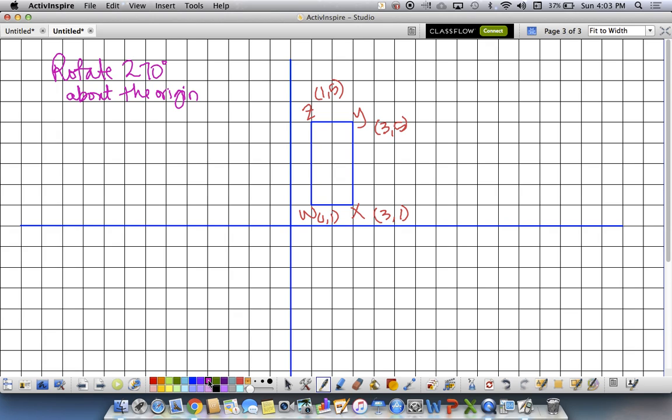You won't do any unless you are majoring in math and doing geometry specifically. You won't have to rotate anything other than 90 degrees. Okay, just know that. So 270 will go 90, 180, 270. So which one would be the equivalent? What if I said rotate 90 degrees clockwise about the origin?